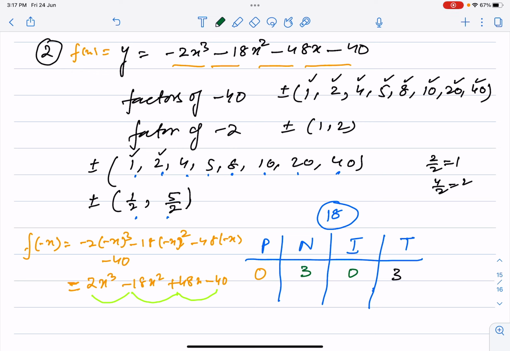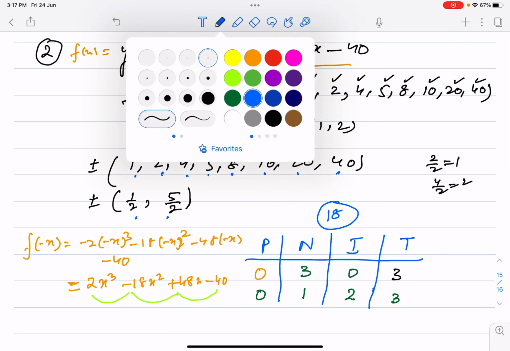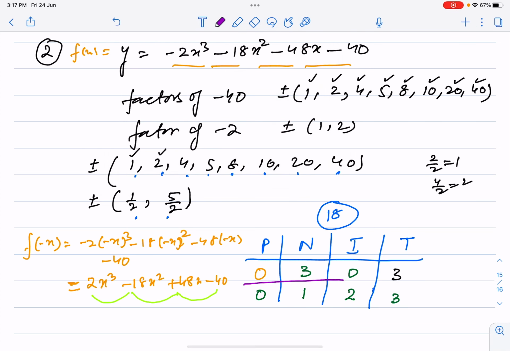Now subtracting 2 from the negative roots, it becomes 1, so imaginary roots will be 2, total is 3 and positive roots are 0. So among these there are 2 options. Among these 2 we will have the answer. Let me now try to figure it out. Yes, so there is one negative root.